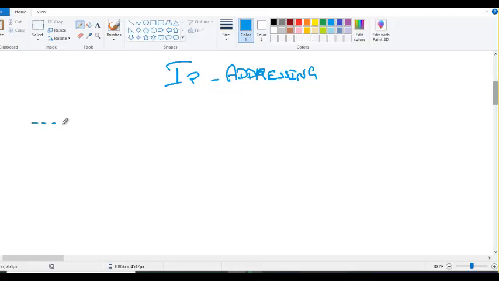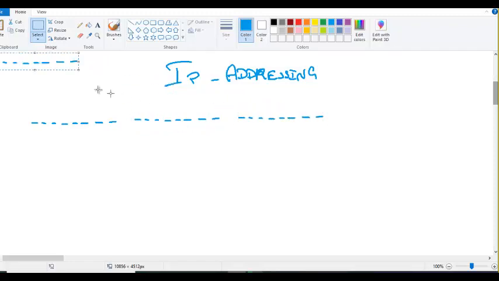If an address is 32-bit size, it will be very difficult to handle. So what they did is, they grouped that 32 bits into 8-bit groups, separating the 8 bits with a dot, a period, a point.